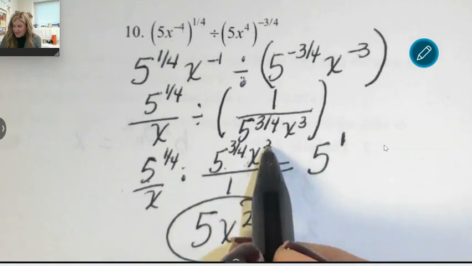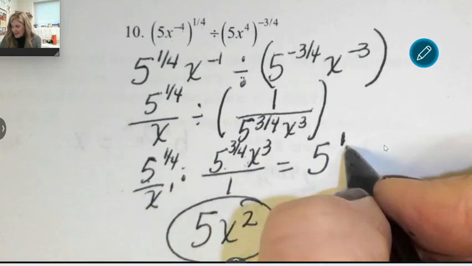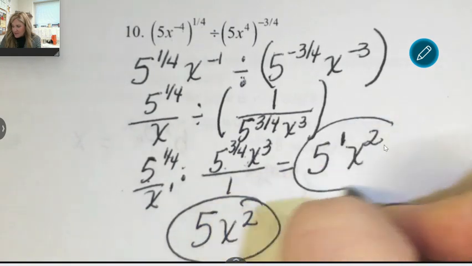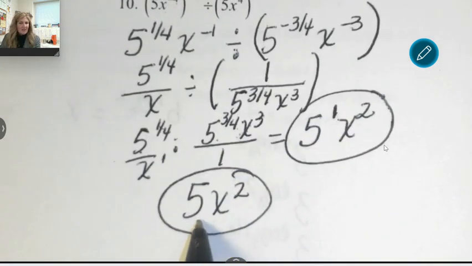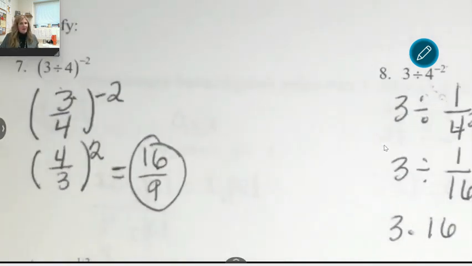Here I have x cubed divided by x to the first. When I'm dividing, I keep the base, I subtract the exponents, and I keep it where it's higher. And so 5 to the first is just 5x squared. Okay, any questions? All right, so we did not need to use logarithms down here.